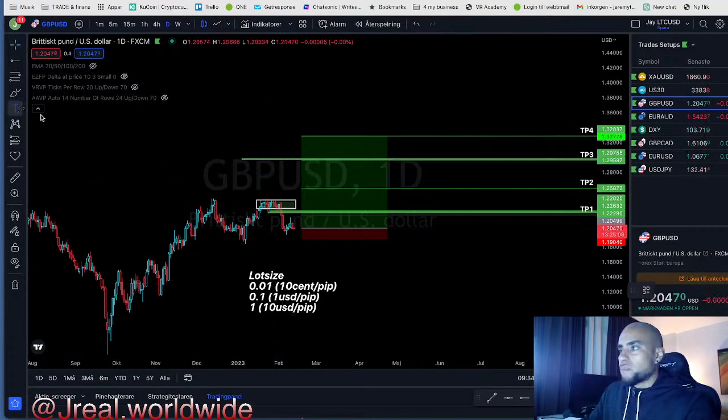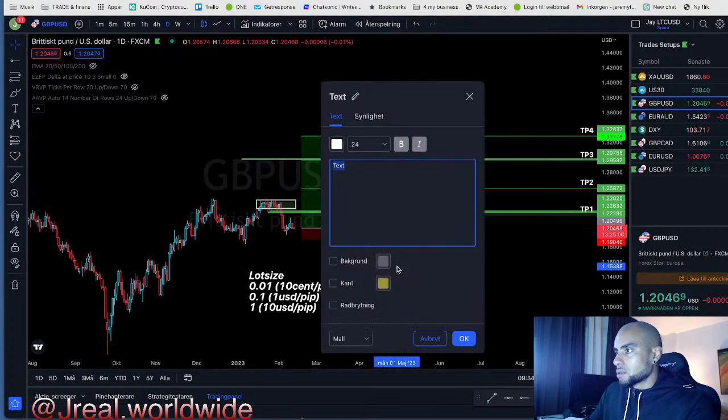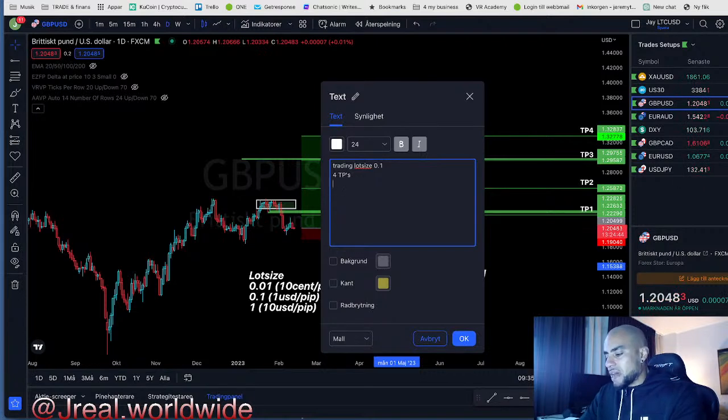So let me put the text tool again so it gets easier. We're trading lot size 0.1. We're saying lot size 0.1 is your proper risk management. We have 4 TPs. Okay, what do we do? We split up that 0.1 lot size in 4.